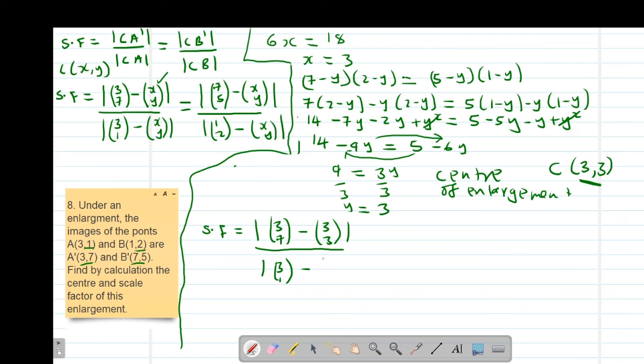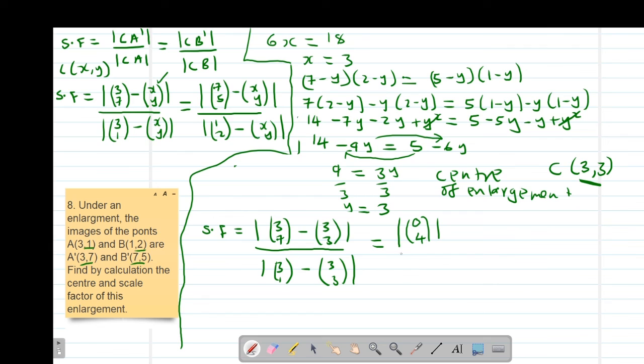So minus our (x, y) is (3, 3), the center we got. So this should be equal to the magnitude of 3 minus 3 will give you 0. Then 7 minus 3, you are going to get positive 4. So this is (0, 4), of course, under brackets.